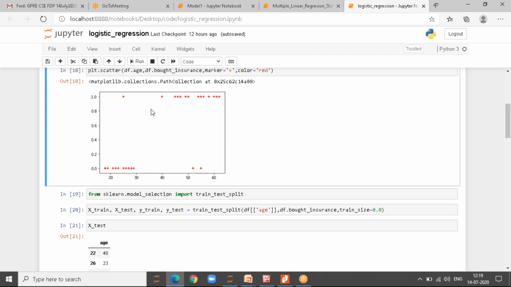Once you have scattered it, and you feel that yes, I can get some S-shaped curve, then I will consider this as the original data set, and then I need to go for training and testing.